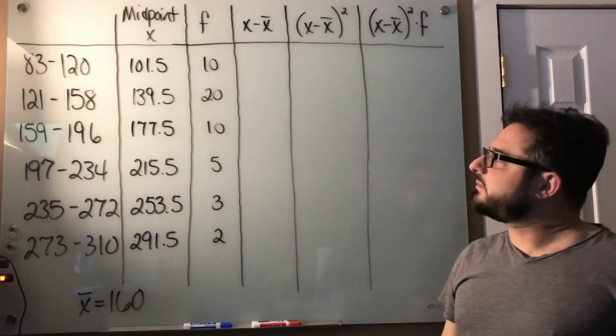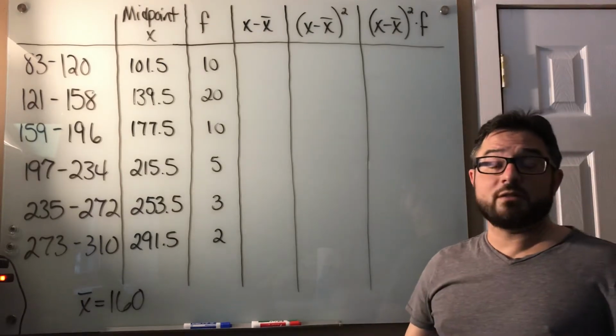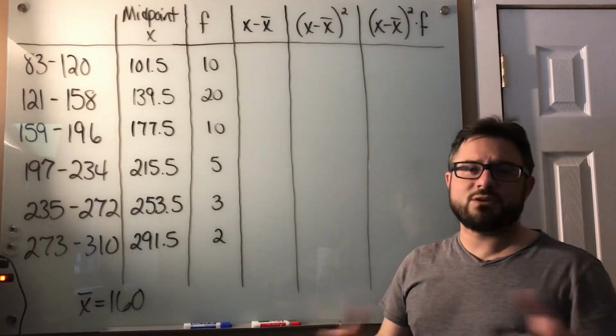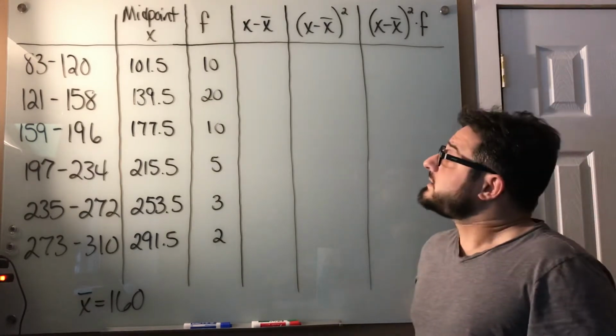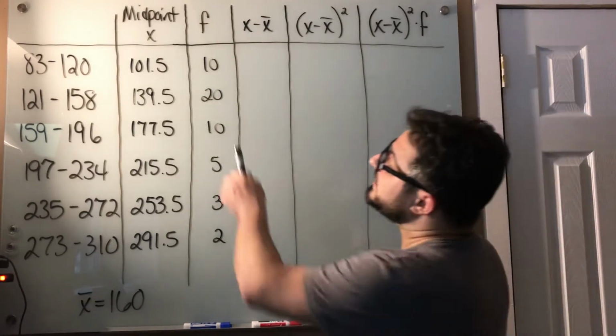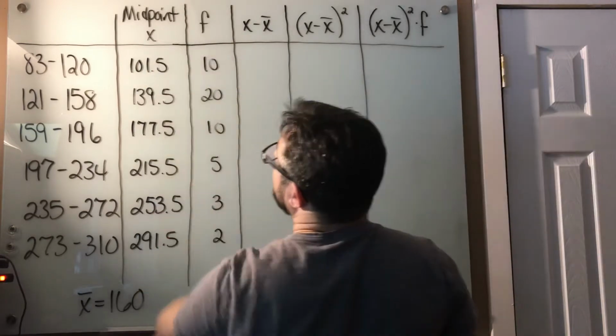And yes, some of the actual data values might be lower than the midpoint and some might be higher, so the midpoint kind of balances it out. Alright, so the midpoint is our x value.